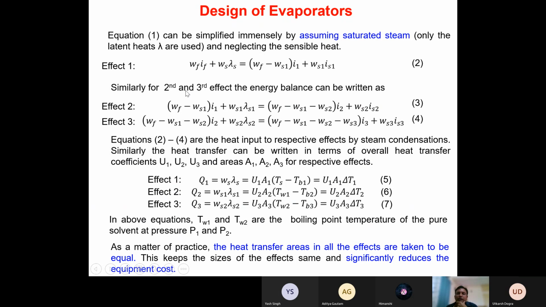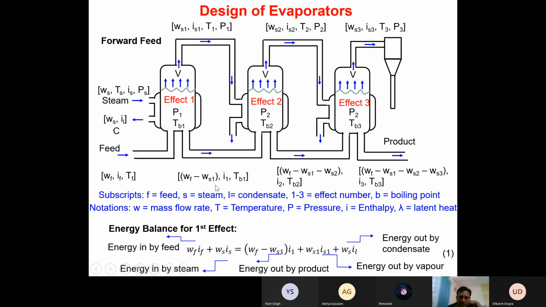Similarly, for the second and third effect, we can write down the balance equations as it is. So the only change in that case will be whatever is the input that is multiplied to the enthalpy. For instance, in the second effect, the input feed is going to be what? WF minus WS1.